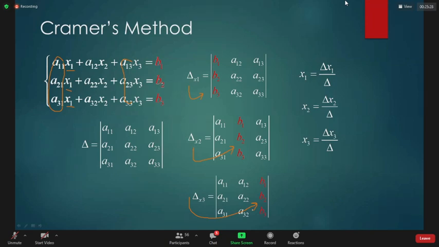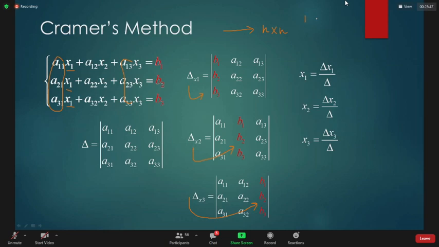We can see, of course, that this doesn't always work. We can see that evidently it only works if the system determinant is not equal to 0. And this method also only works if we have an n by n square matrix.